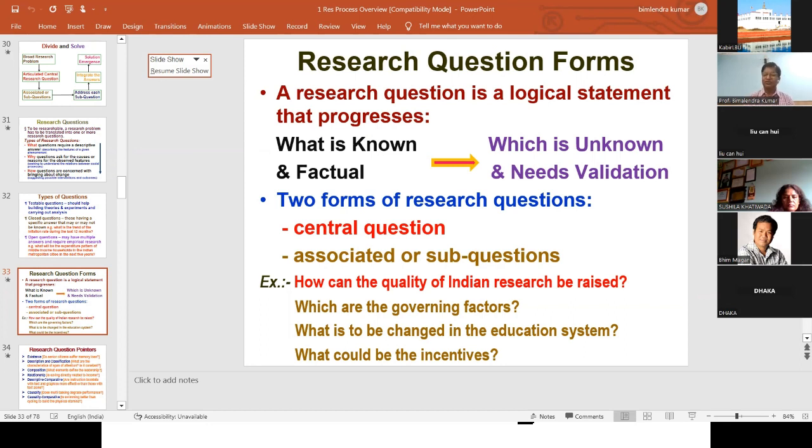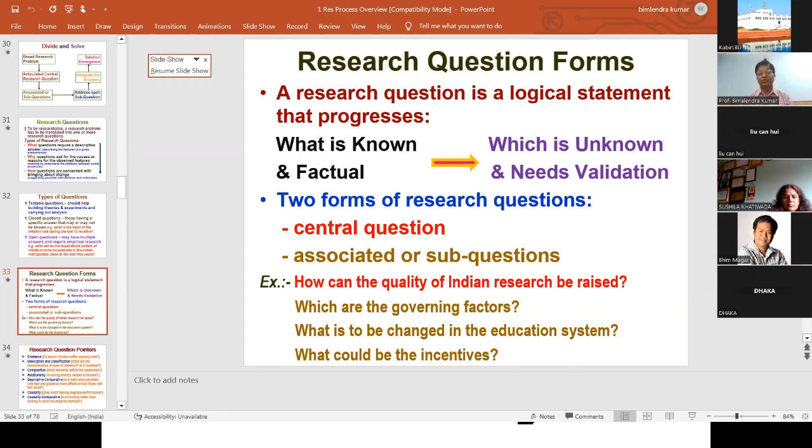The questions related with research concern facts, concepts or theories already available, but the things which are unknown need validation with the help of research methods and research materials.